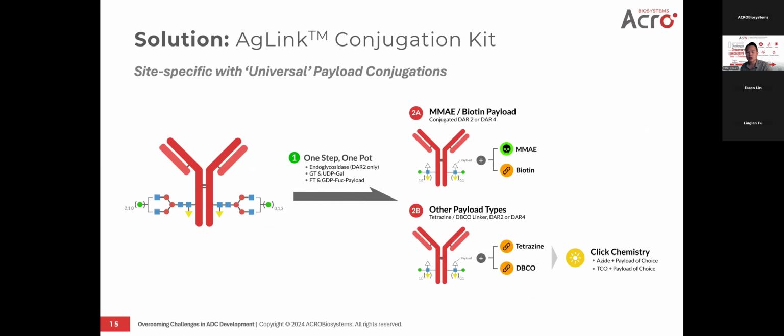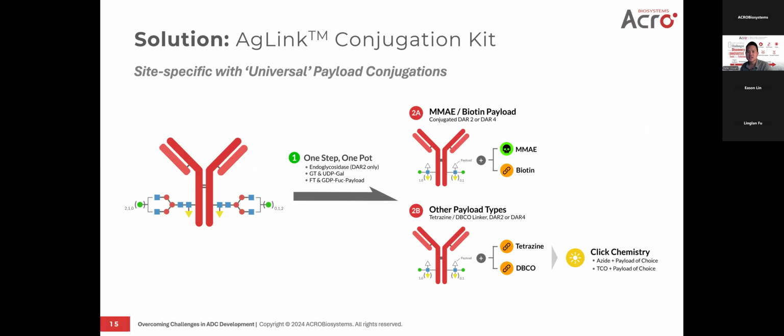So at ACRO, our solution is providing the field with a universal payload conjugation kit that has the capability to conjugate a wide variety of different types of payload. So you can see at the top, the 2A. Our kit is a one-step method, either directly conjugating payload like MMAE or another type of tag like biotin with your antibody.